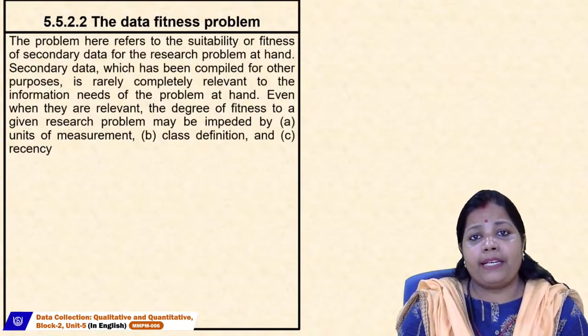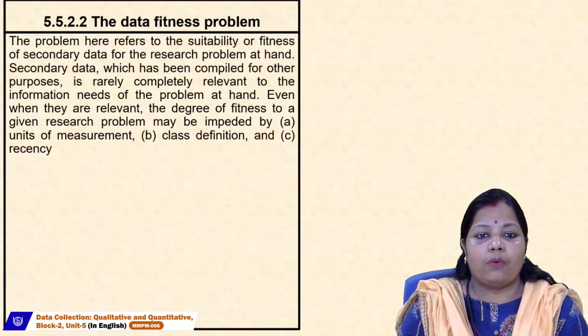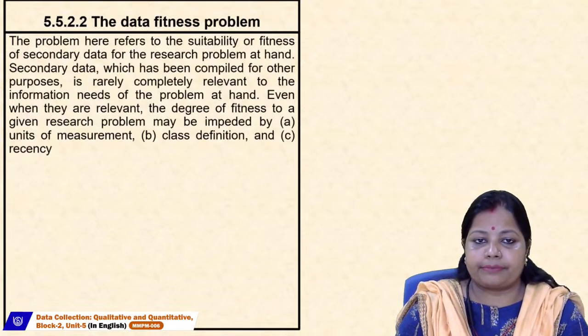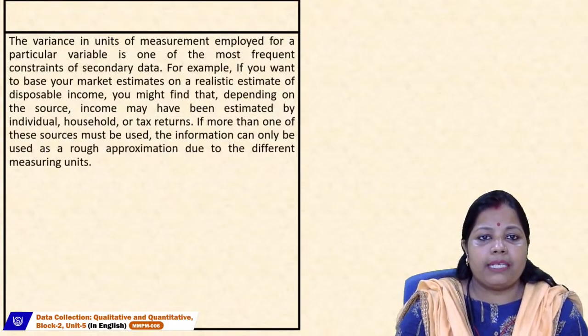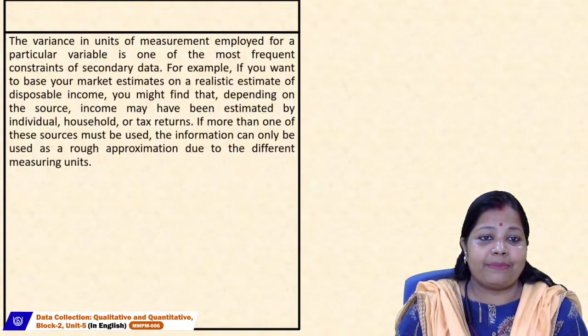So the data fitness checking depends upon these three things. One is units of measurement, then second is class definitions, and third is recency. The variance of units of measurement employed for a particular variable is one of the most frequent constraints of secondary data. Let us understand this statement.